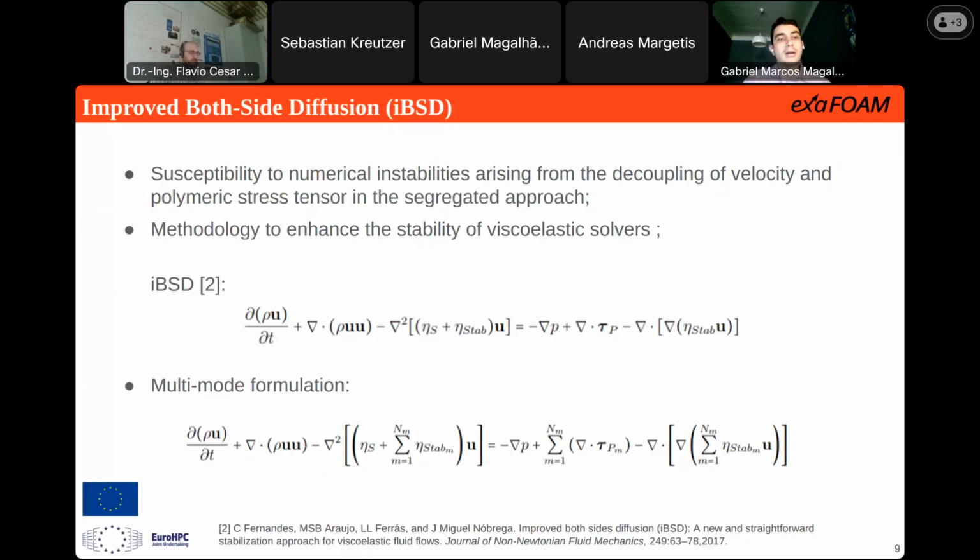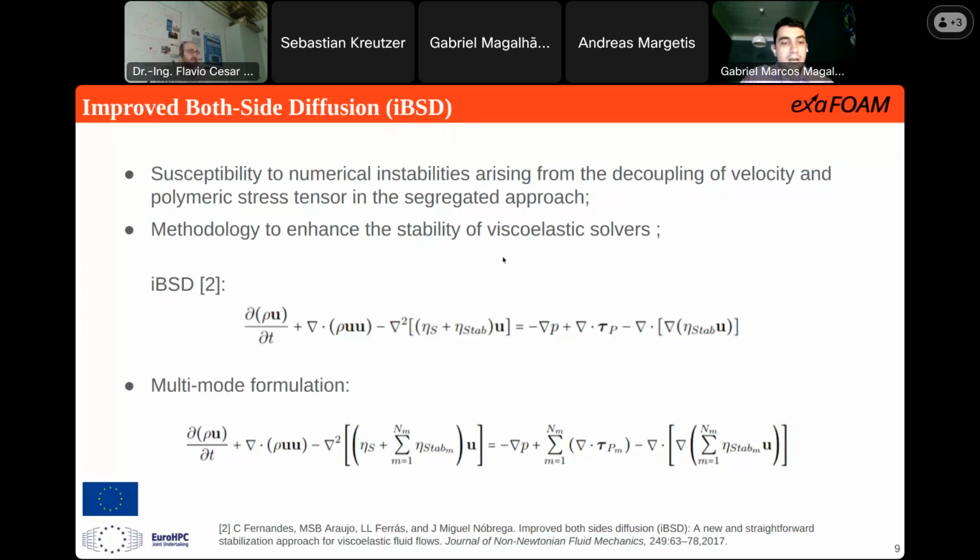Okay. Here, I will just recall a point that Ricardo Costa presented in the first exaFOAM workshop: in viscoelastic solvers, it's possible to observe numerical instabilities arising from the decoupling between the velocity and the polymeric stress tensor.